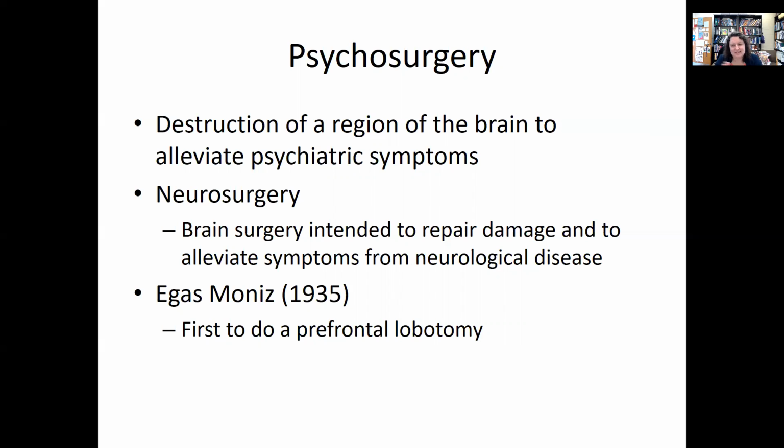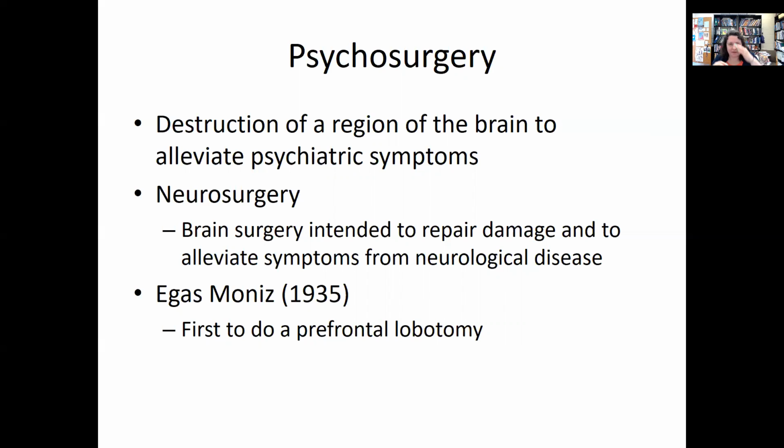So Egas Moniz in 1935 was the first to do the prefrontal lobotomy. There are some graphic, disturbing, but important videos on YouTube that I've linked for you all on this. I really recommend that you watch them, even though it's hard. If you're squeamish, just heads up, they talk about how they inserted what were literally ice picks to do this, right?